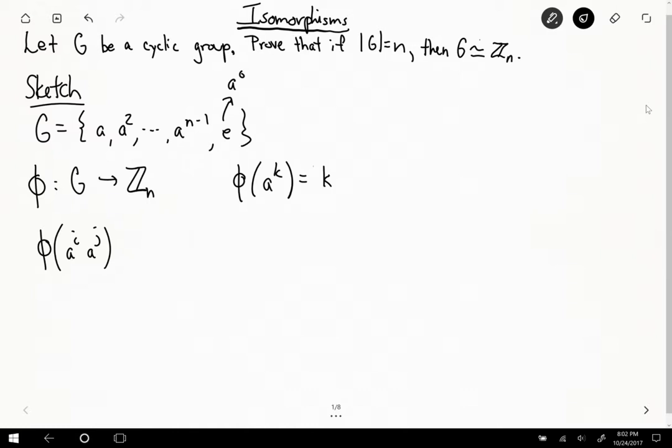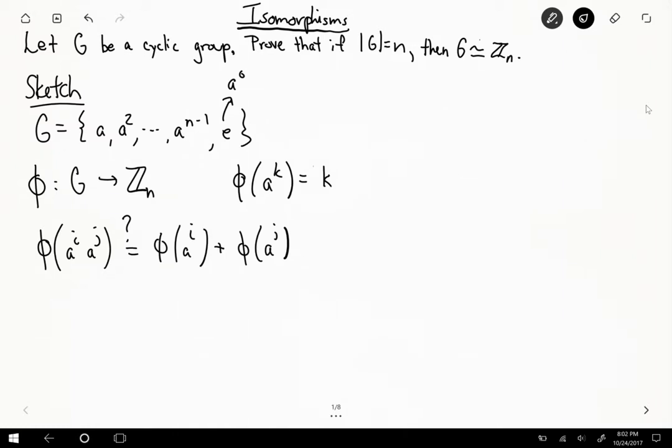I'm just going to use multiplication. So now we want to try and show, the big question mark I'll put here, is does this equal phi of a to the i, and then since we're in integers modulo n, we are talking addition there, phi of a raised to the j.